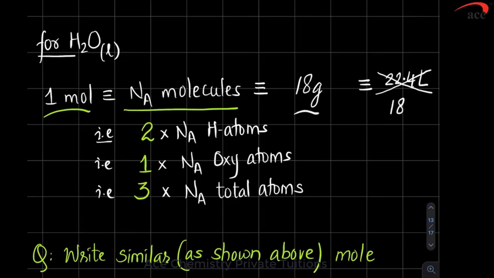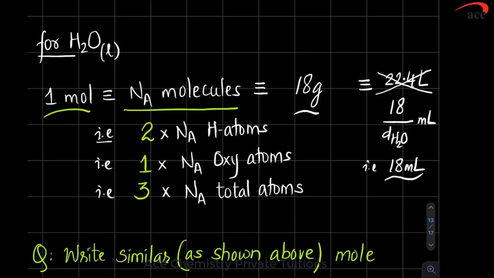Take this mass and divide by the density of water. If you remember the previous session, we have to learn the density of water by heart. What is the density of water? 1. That means this answer is 18 ml. So, can we make a new statement? 18 gram of liquid water is 18 ml.